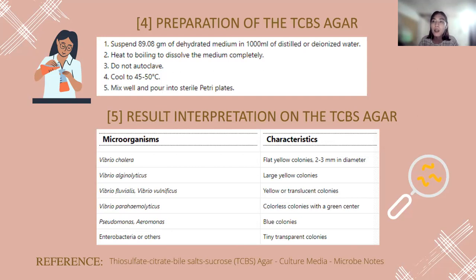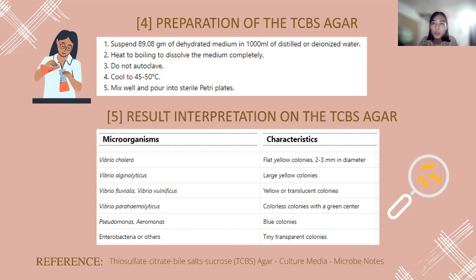We have to combine solid reagents and liquid reagents in specific amounts or ratio. So we use 89.08 grams of the TCBS dehydrated medium, and we use 1 liter of distilled or deionized water. Note, it is very essential for us to use distilled or deionized water to avoid contamination.